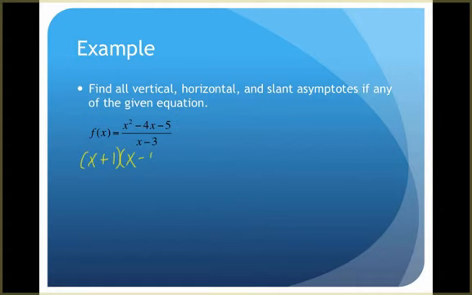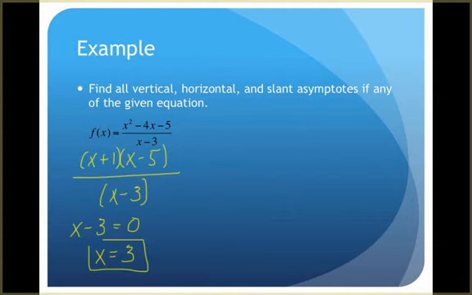And I'm doing this to make sure that I have no common factors, so that if anything cancels out, I want to get rid of it first. In this case, there are none. So I take the denominator, set it equal to 0, and solve. So my vertical asymptote would be x equal to 3.